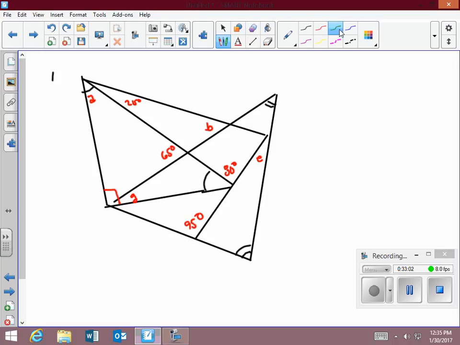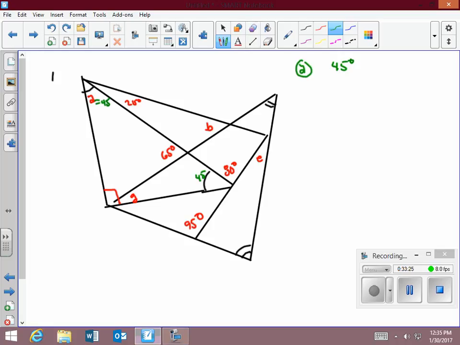Well, A should be reasonably easy, shouldn't it? A should be 45. So this is 45, this is 45.